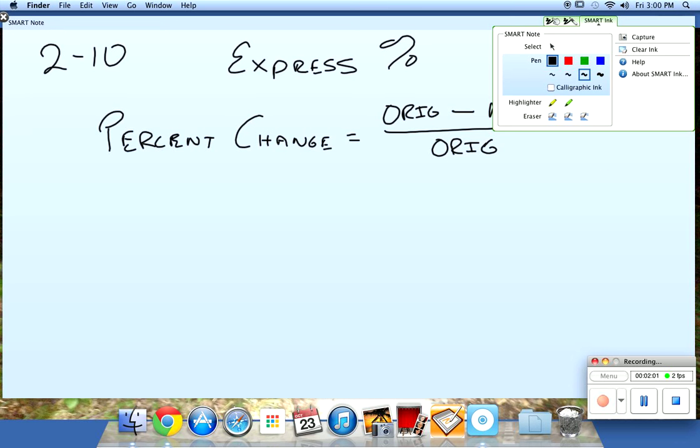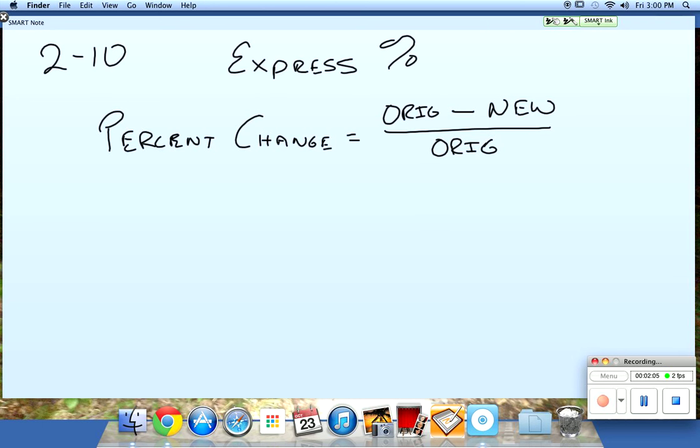So let's take a look at an example of percent change. Let's say your original amount was 32. The new amount that we came up with was 28.